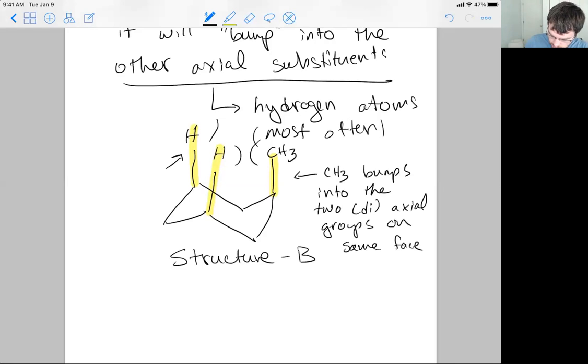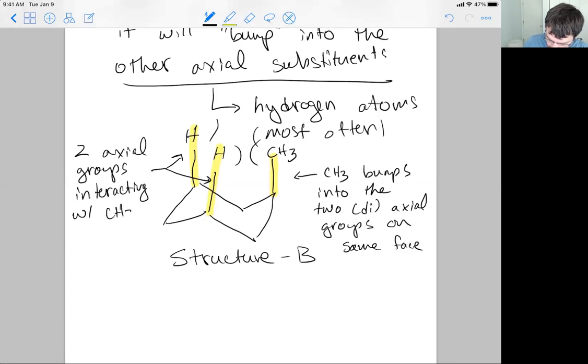So these two axial groups are interacting with the CH3. And that's where I'm saying bumping into. Another term we would say is steric hindrance is occurring.